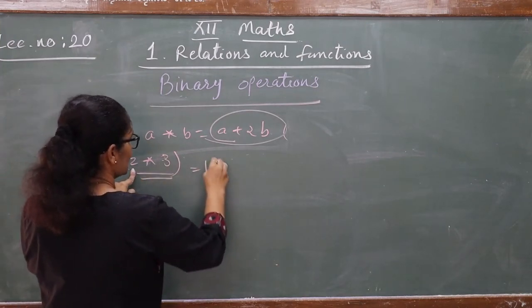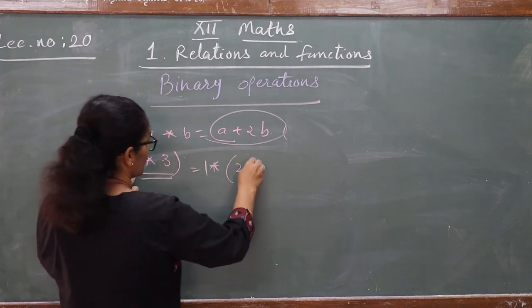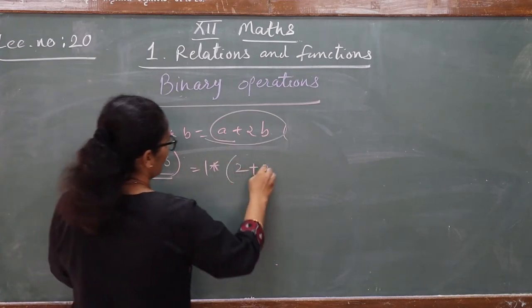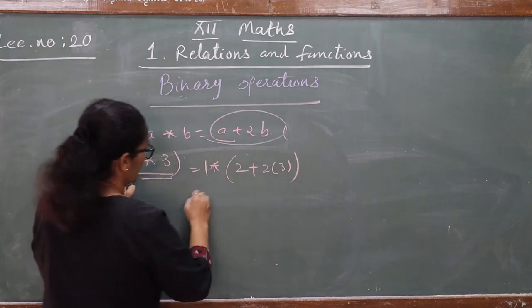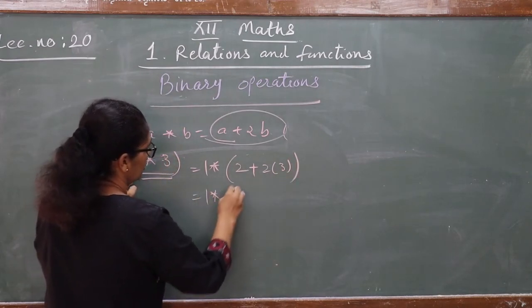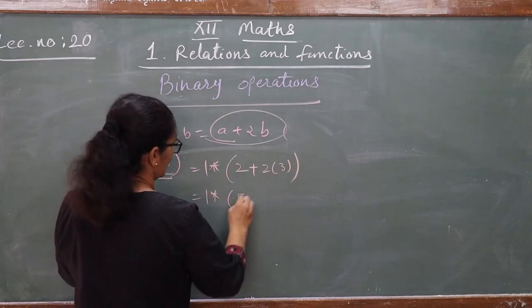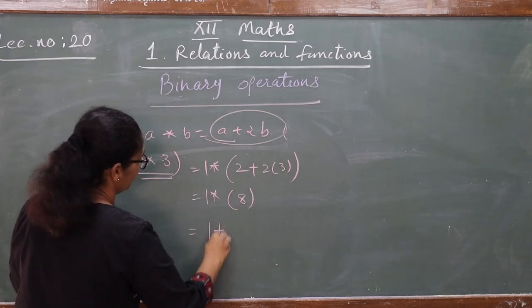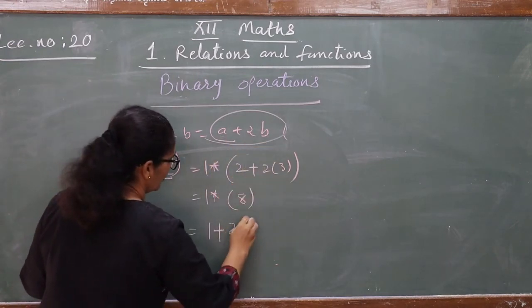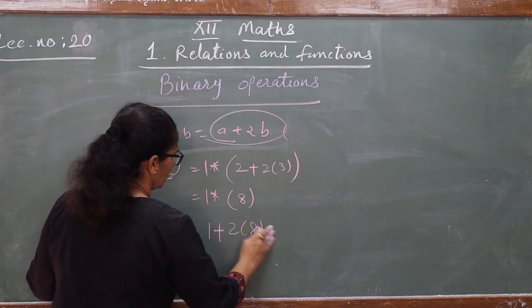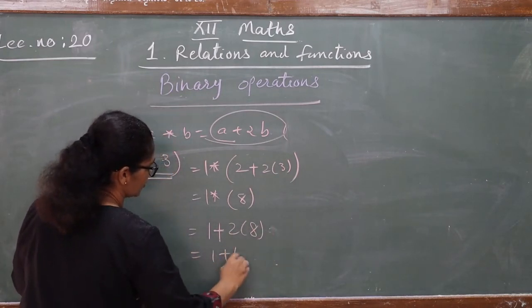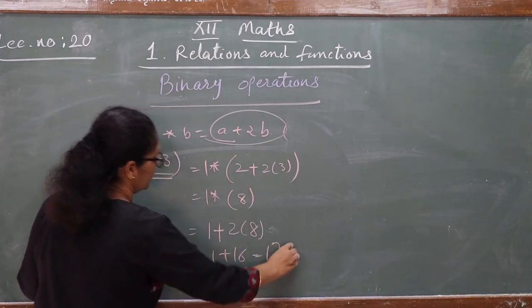So 1 as it is, and in place of b we write 3: 2 plus 2 into 3, so 2 plus 6 is 8. Again the same way, 1 plus 2 into 8, so 1 plus 16 means 17.